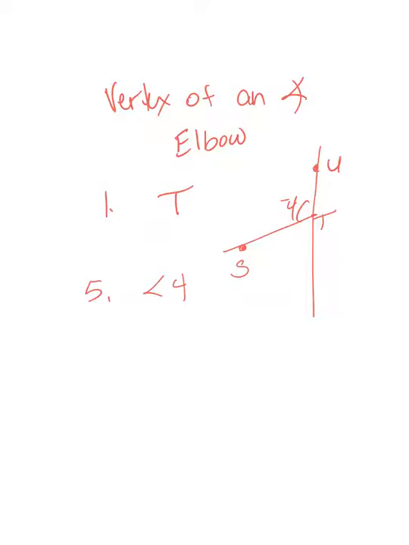Got it? Sides of an angle are rays when it's an open angle like this. When it's a triangle, it's a little different. They're not rays, they're just segments because they don't have arrows. But in here we have arrows, which I didn't put on, so they're rays. How do you name the two sides of angle 4?